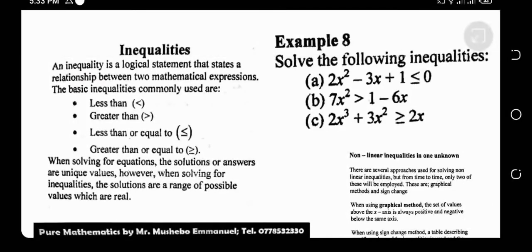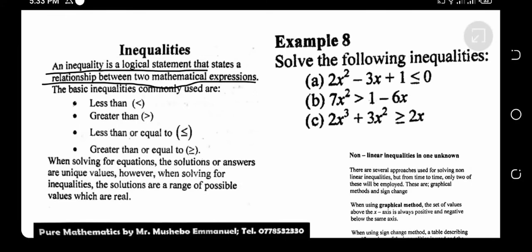looking at this, that an inequality is a logical statement that states a relationship between two mathematical expressions. Okay, so an inequality is simply a logical statement that states a relationship between two mathematical expressions, and by doing so we always use these inequality symbols.